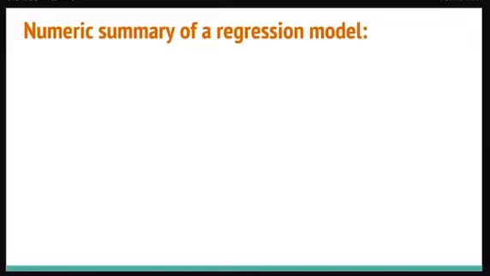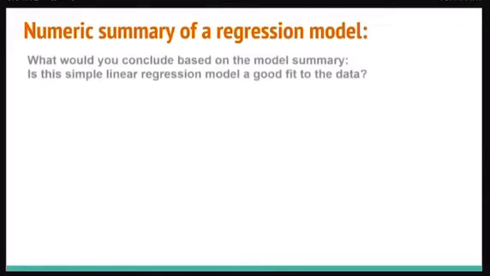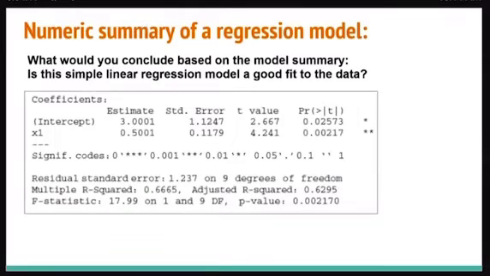Okay, now I want to start with the numerical summary of a regression model. Take a look at this. When you run a regression model in R, you're going to have this output. Now the question is, what would you conclude based on the model summary?